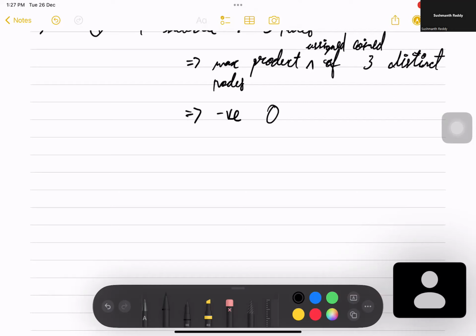Now let's look at the constraints. n can be in the range 1 to 2 into 10 power 4. The edges list size should obviously be n minus 1 because it's a tree.